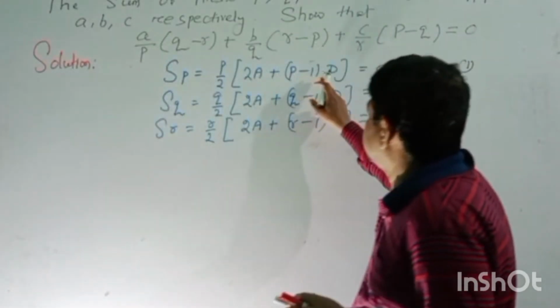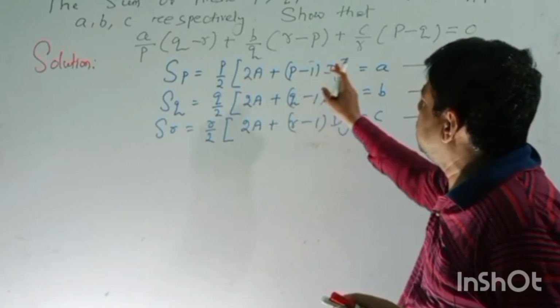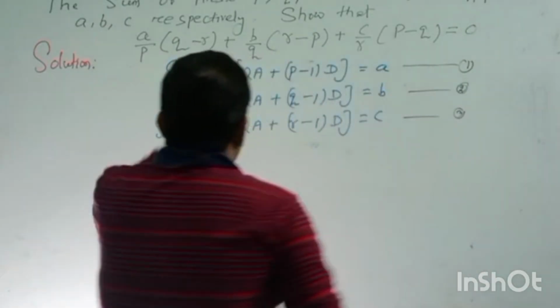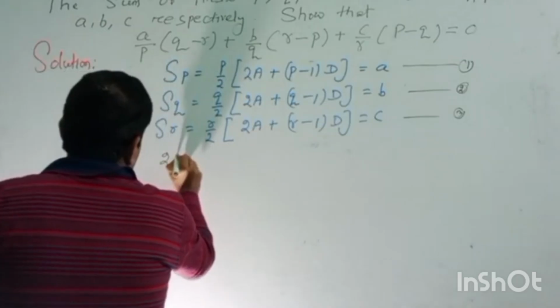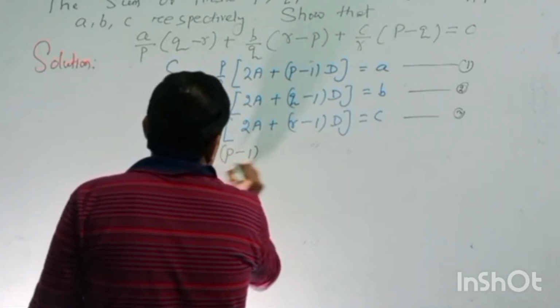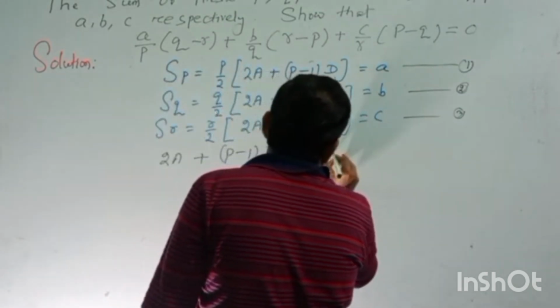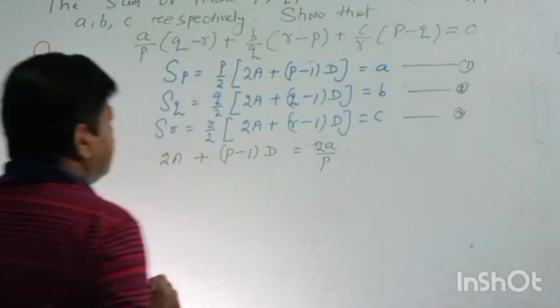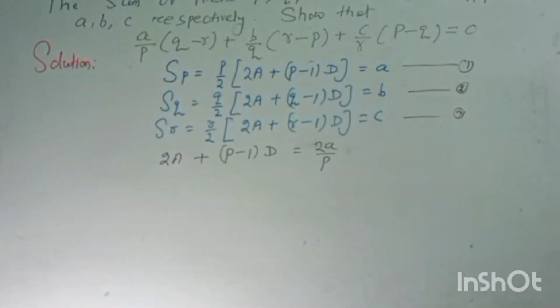Just to modify this statement, P/2 (2a + (P − 1)d) = A. Here P by 2 is transposed, so we can rewrite it as 2a + (P − 1)d = 2A/P. Understand? P by 2 transposed to the right-hand side becomes 2A/P.